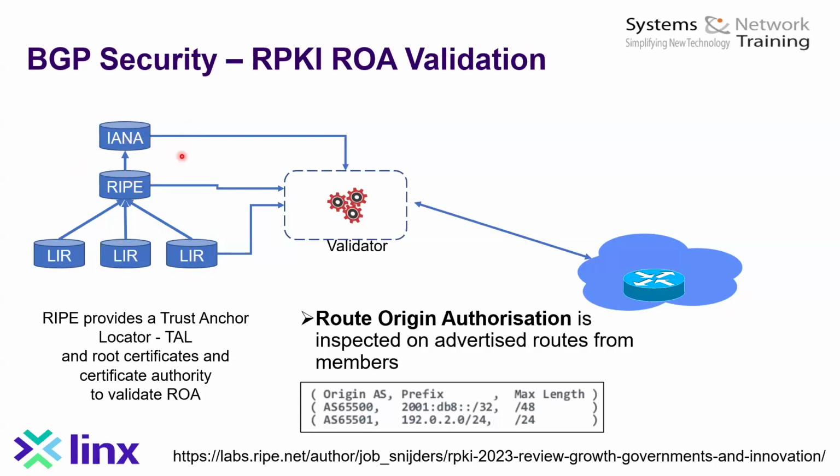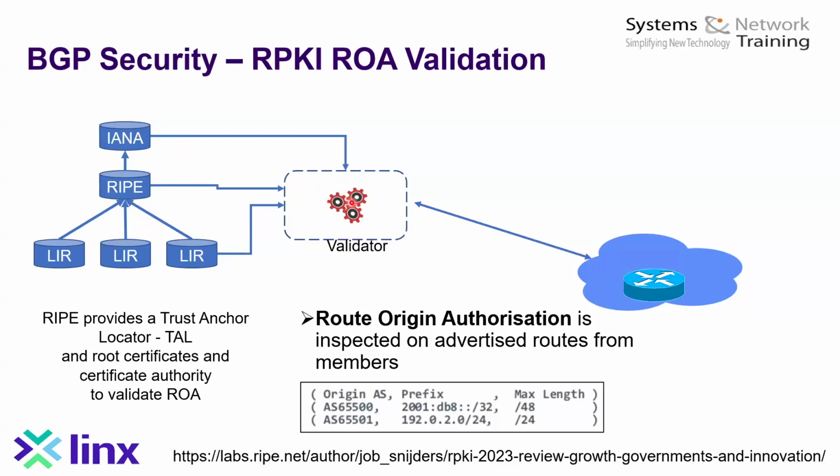So they're basically providing something like you would have with a commercial certificate authority organization. The registries themselves are doing that. And in order to use that root authentication, there is some additional helper software called a validator.